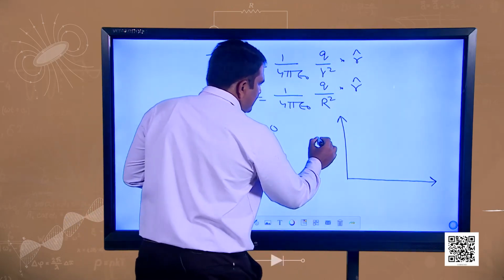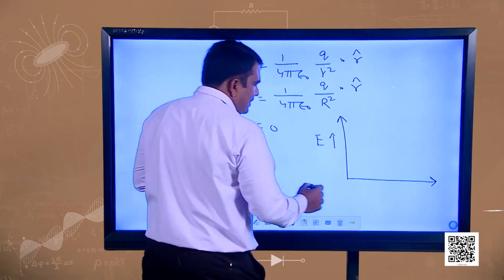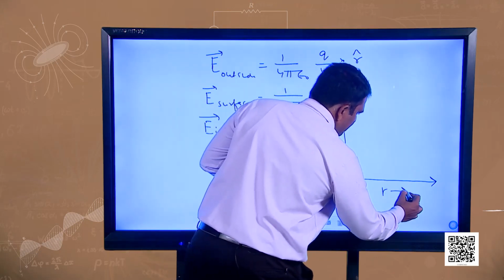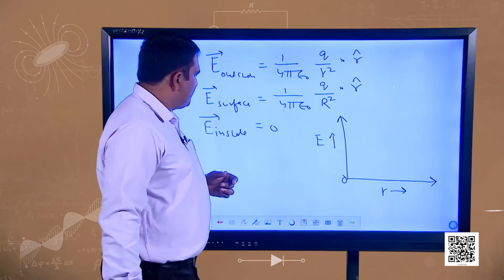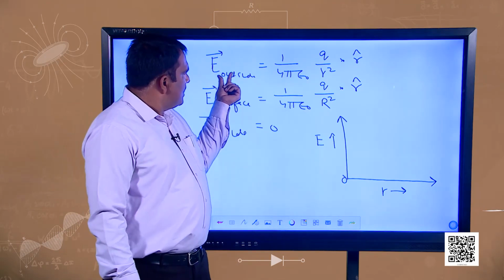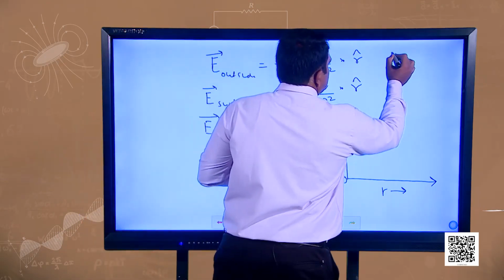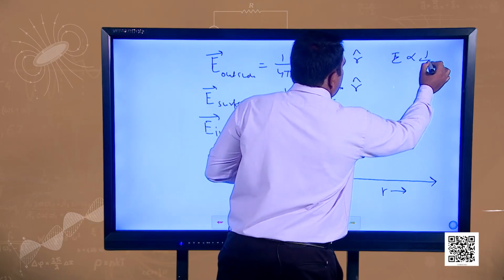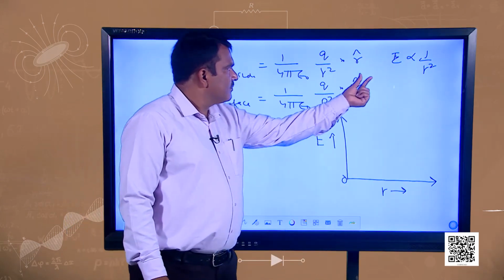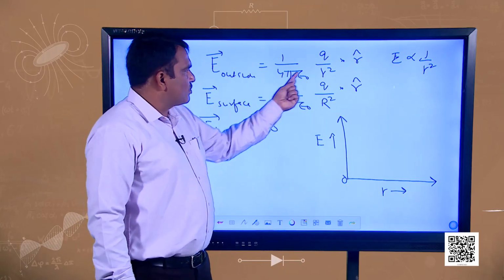So, we can take electric field on the y axis and the distance of the point from the center of the cell on the x axis. If we look at the electric field at any point outside, it is inversely proportional to r square, and the electric field on the surface of the cell is constant.